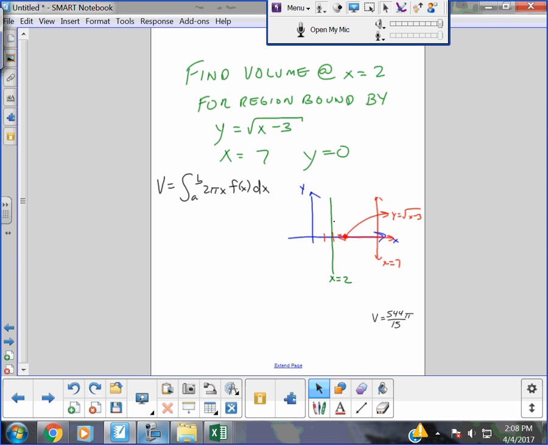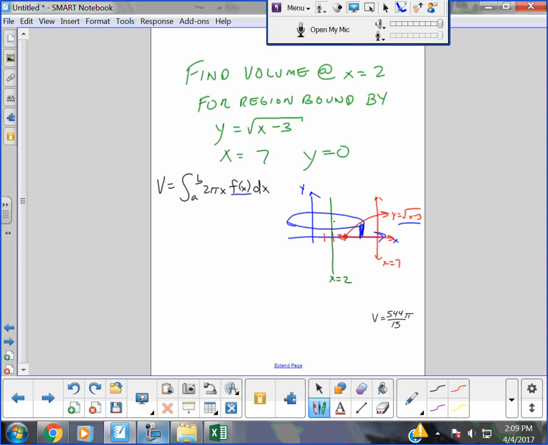Our equation is that's the circumference. Now cylindrical shells is a whole different idea. We are going to add up a cylindrical shell, and it is going to be here. And obviously the height of this shell is the function, that is f of x. That is the height of this cylindrical shell.